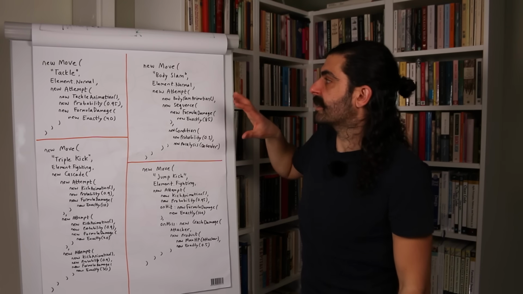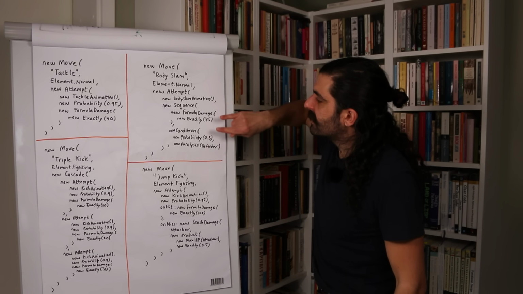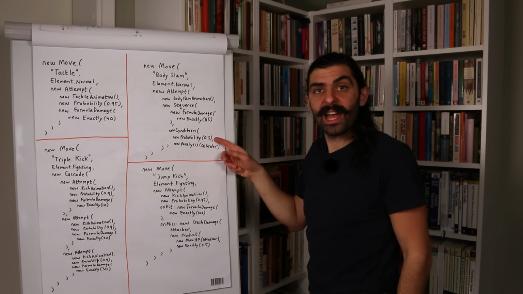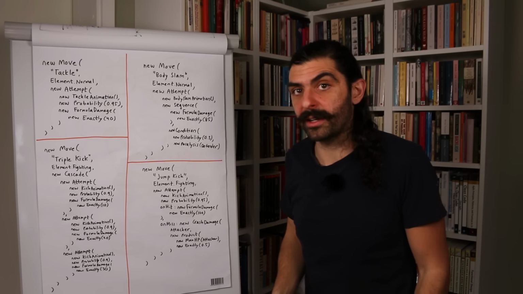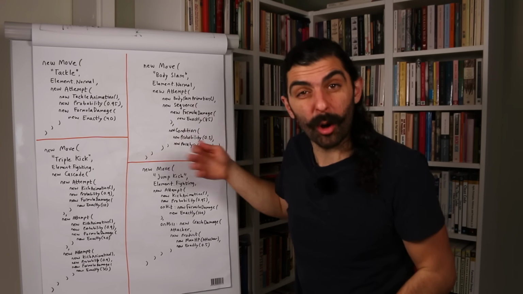Let's look at an example of effect composites in use. Have a look at this second example called Body Slam. The move Body Slam first deals damage, formula damage, and then has a 30% chance to also paralyze the defender. So the effect of this move is actually a composite effect.